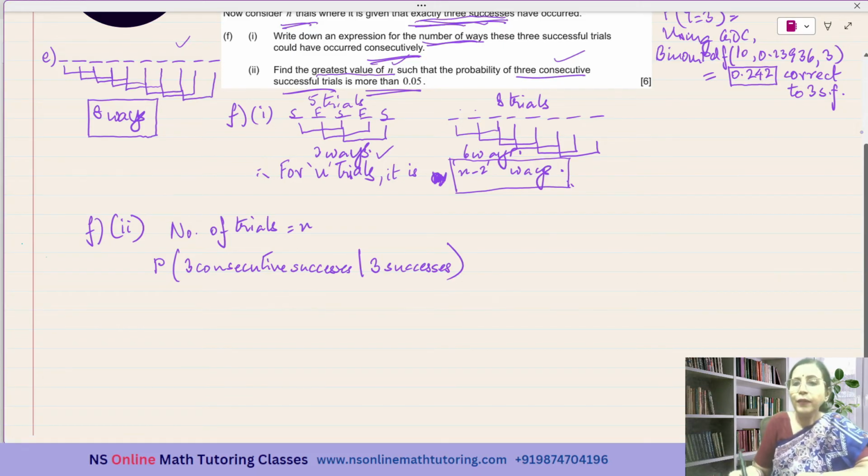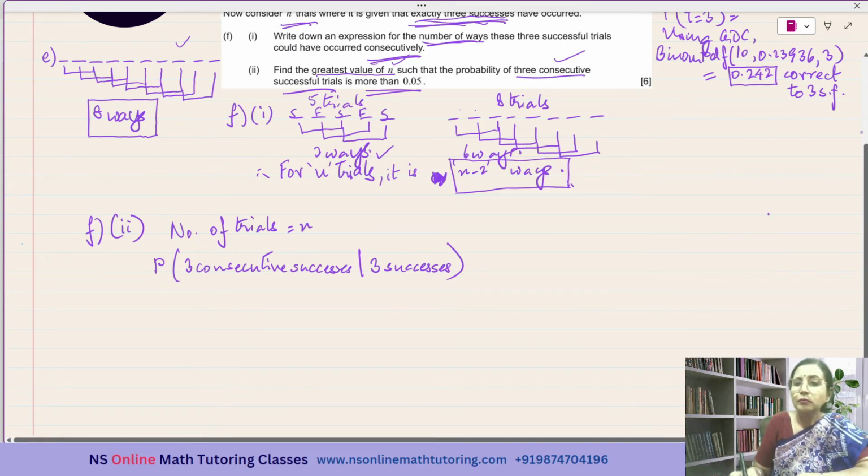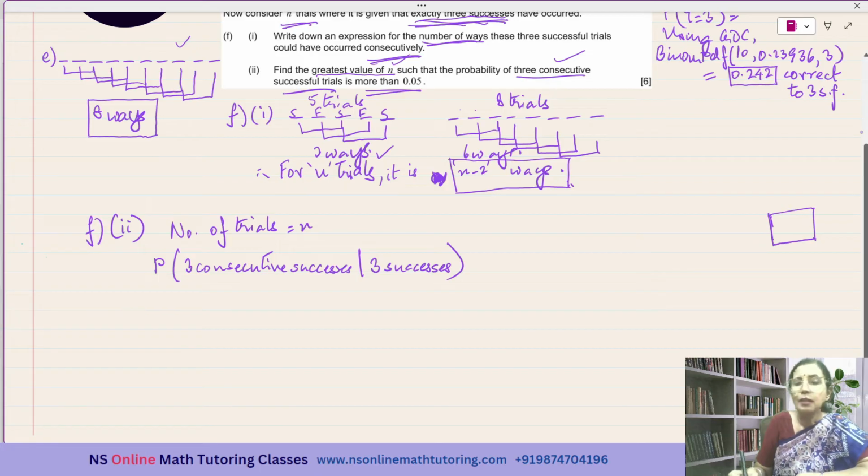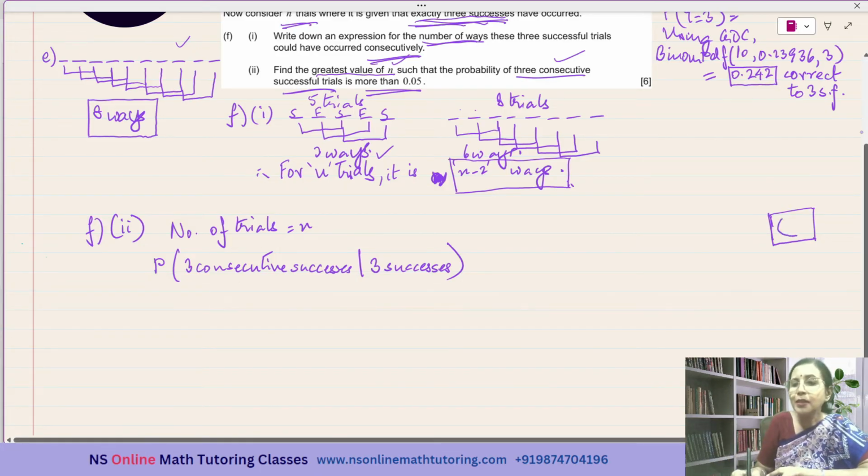Now, if we take the 3 successes, let this be the universal set. There are n trials and there may be different number of successes, and this may be the set of 3 successes. Okay. They may be consecutive, they may not be consecutive.